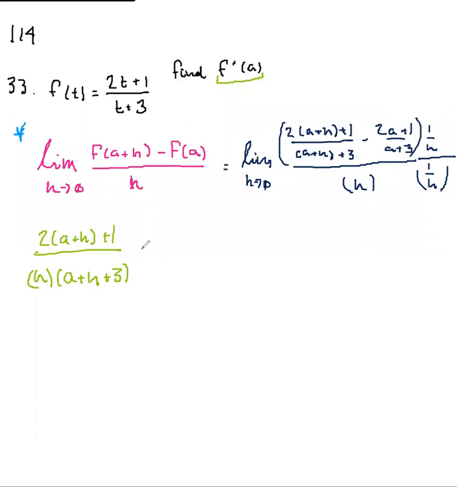You don't need them. So you had 2a plus 1 over h, a plus 3. But the issue is that there's an a plus h in here that is not in here. Yeah, so I just started from the top, so I'm just doing it right now.